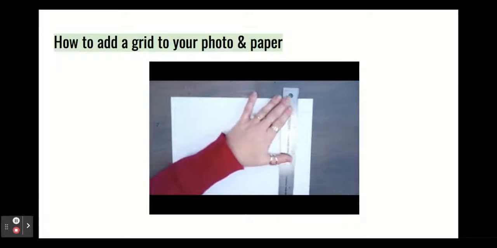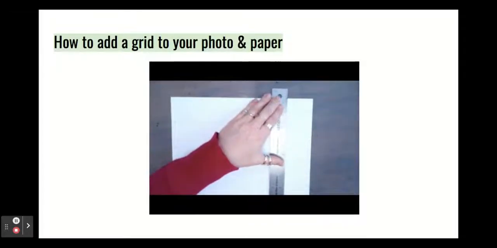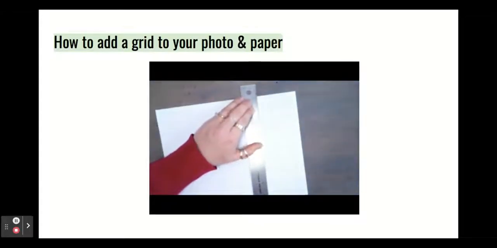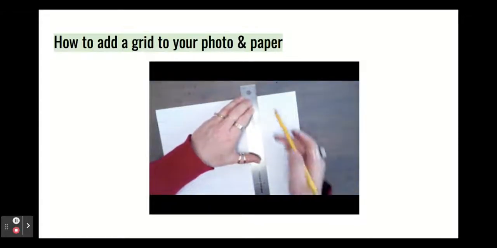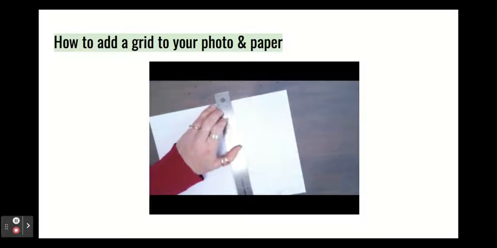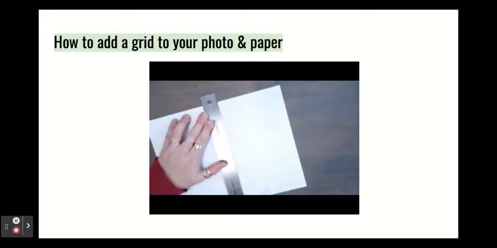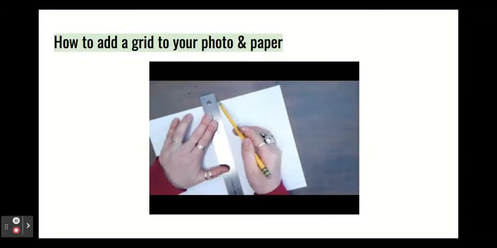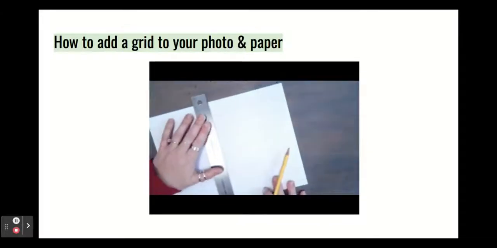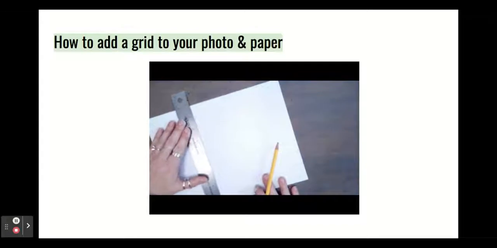Okay, once again, very, very lightly making my grid lines. I'm not putting down a lot of pressure as I am creating these grid lines. And as I stated before, the reason why we do this when we're drawing in photorealism is because it will make sure that we have a very accurate representation of our photo of our choice.